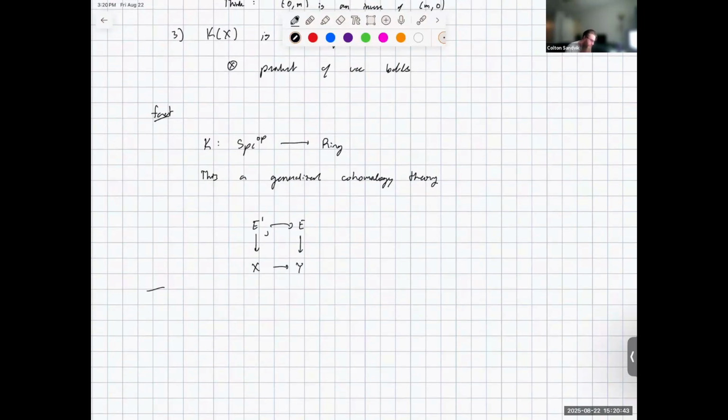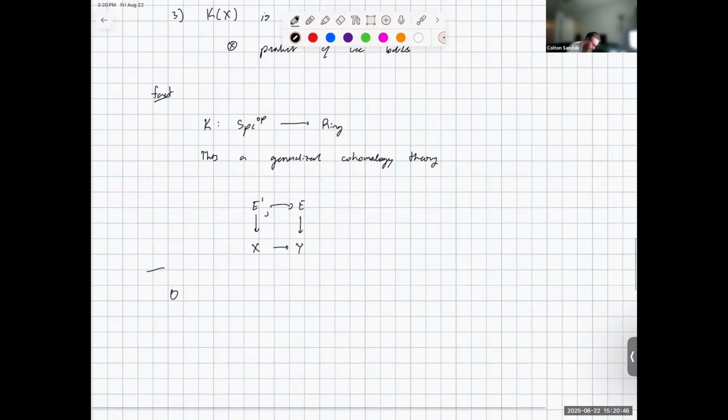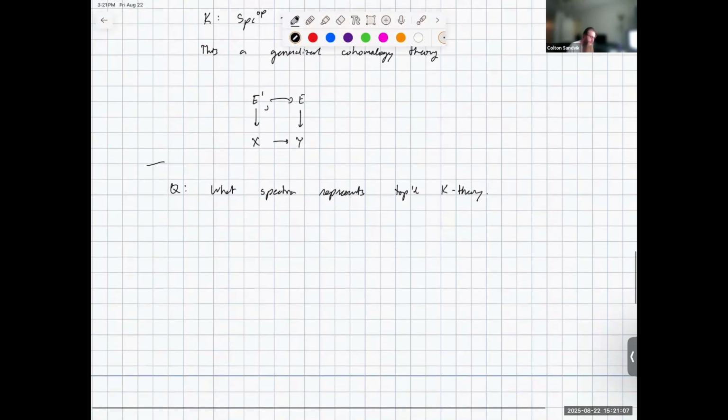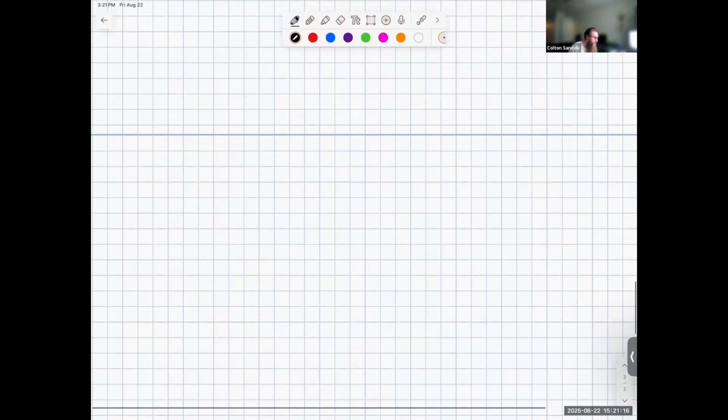And so a general question you can ask is: what spectra represents the cohomology theory, or what spectra represents topological K-theory? I want to build to an answer to this question. So we'll first need a little bit about classifying spaces.